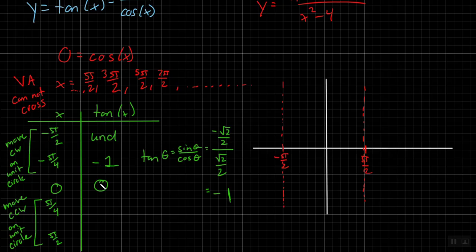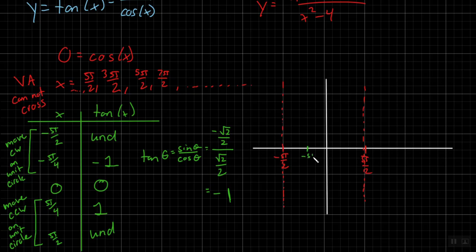What is tangent at pi fourths? 1. Yep. And then what is tangent at pi halves? Undefined, because this is our asymptote. Undefined. So let's graph this really quick.